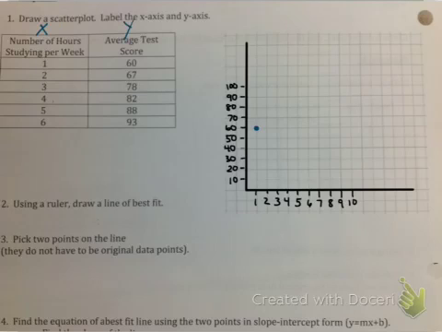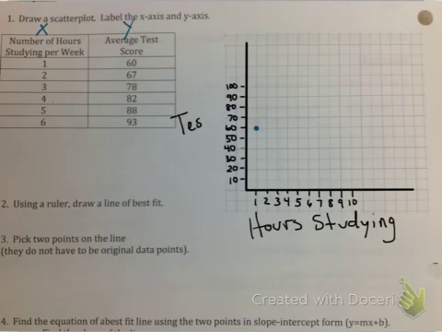Alright, and once we have our graph set up, let's just add our labels. So we have hours studying, and on the y-axis we have test scores.